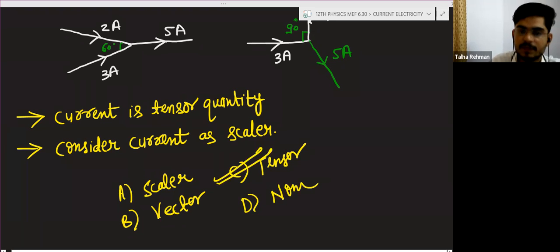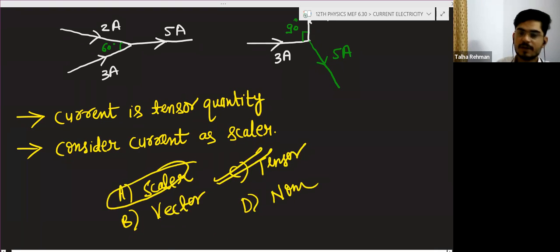This is 100% correct, always, no doubt. But you have to treat current here like scalar. I am not saying this is tensor. No, this is scalar. Have you understood, Matthew?